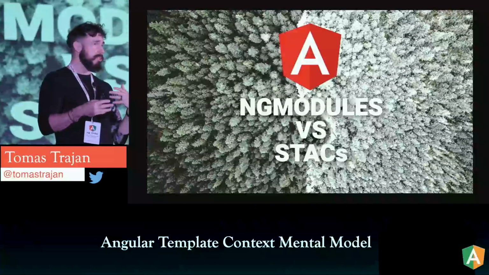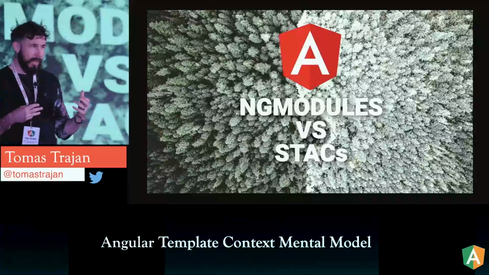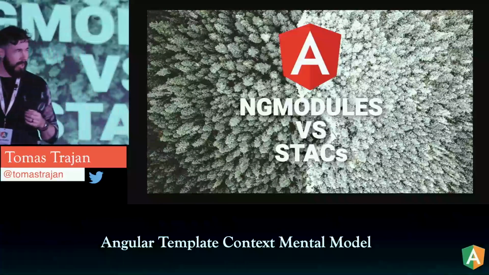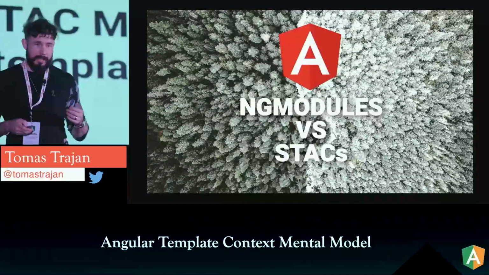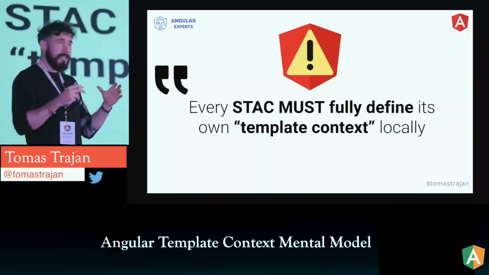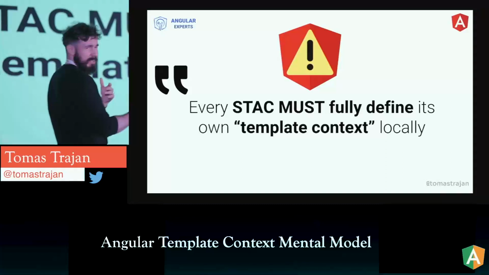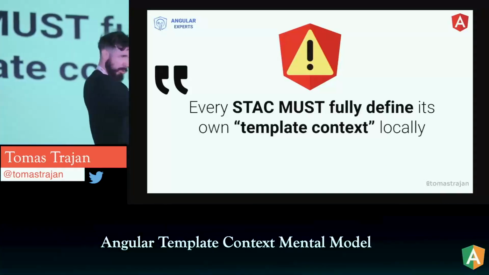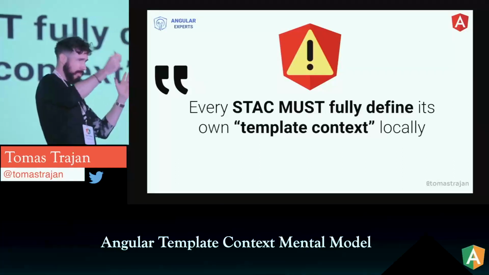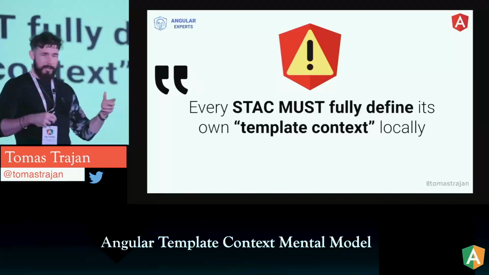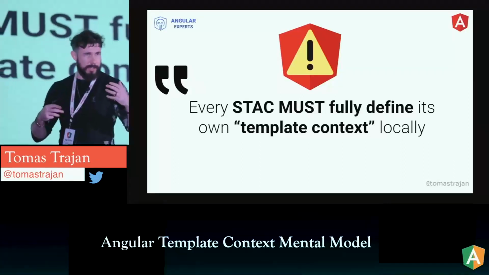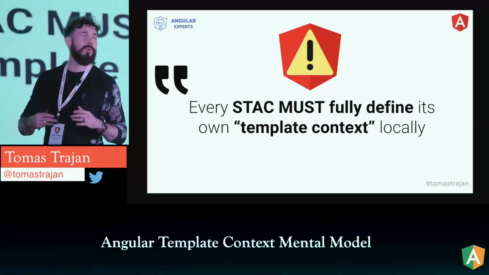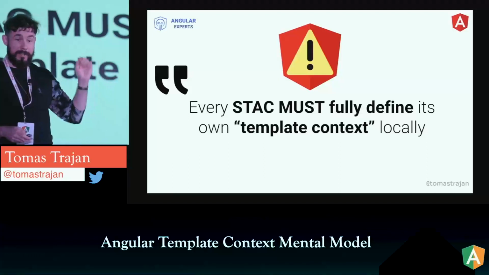Great, so if they are solving the same problem, what are the differences? Why do we have two ways of doing that? Let's have a look into that. First of all, every standalone component must fully define its own template context locally. With the module, one module can have multiple components attached to it in the declarations, so it can define the context for multiple components. With the standalone, every single component has to do it for itself.